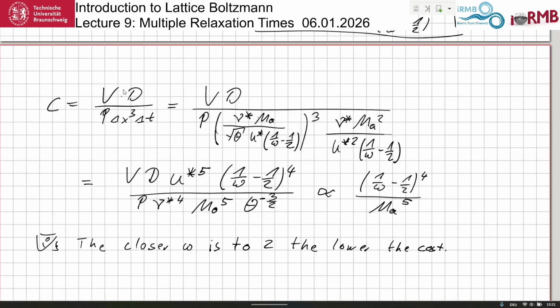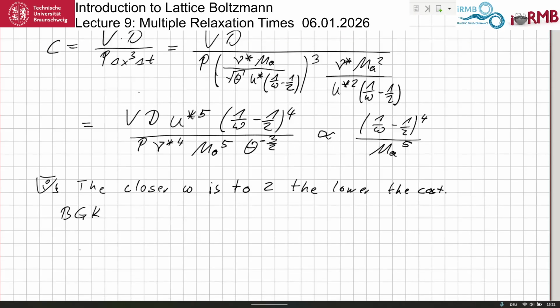Can we actually use this? Now, going back to BGK, the one that we've implemented, how does BGK look like?